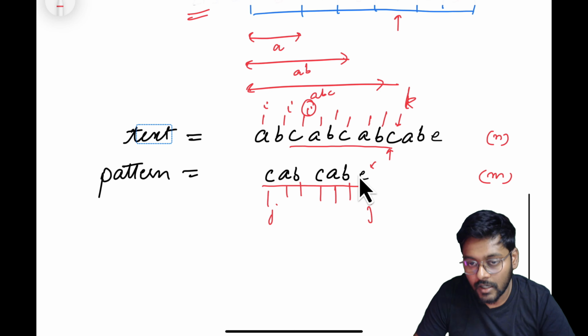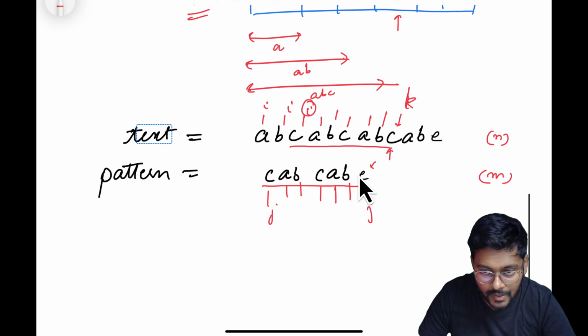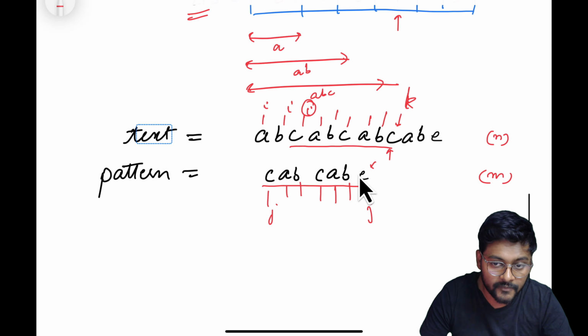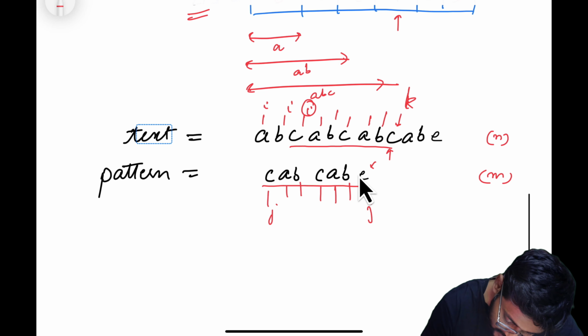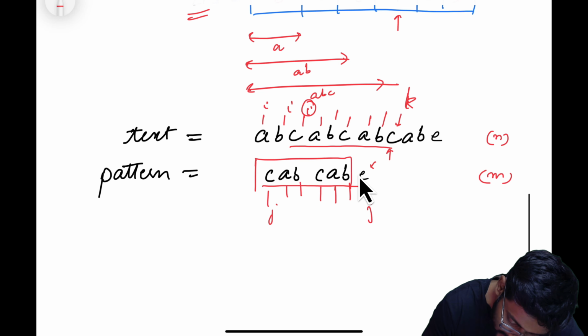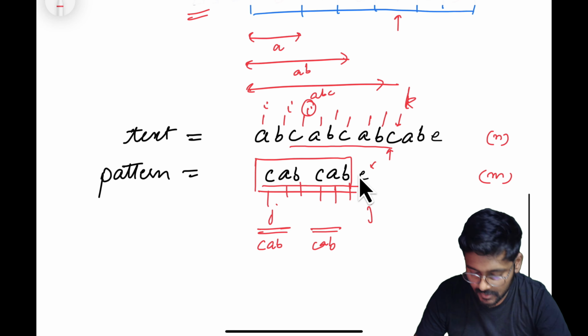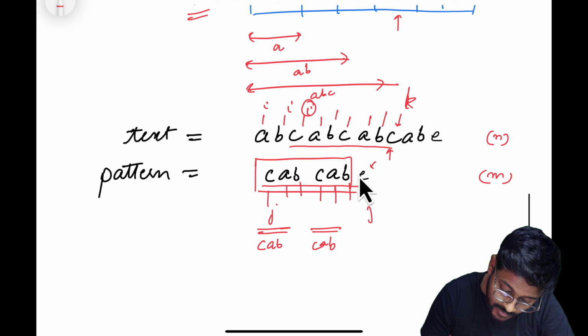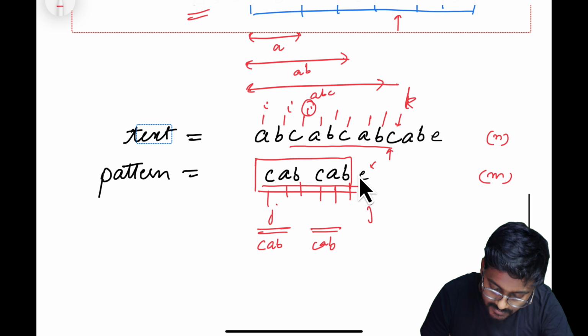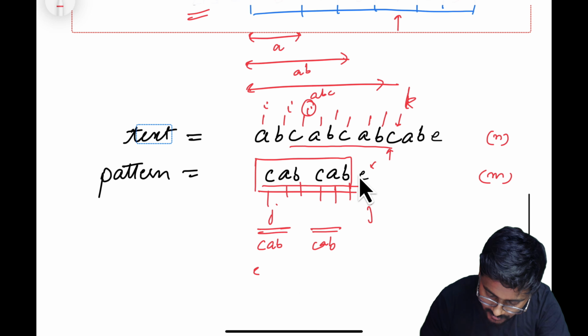But in this case, if we try to utilize the property where the prefix and suffix are the same, and that is the longest, till this moment this pattern is matched, and in this pattern this CAB is the prefix which is equal to the suffix CAB. My value of k is at this C, and this pattern is matched.